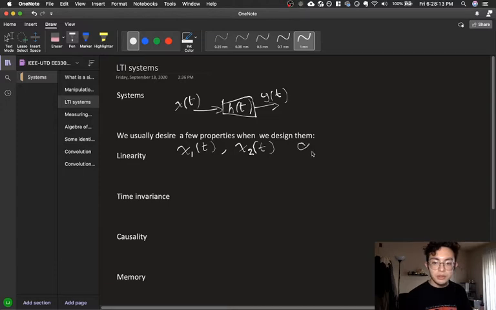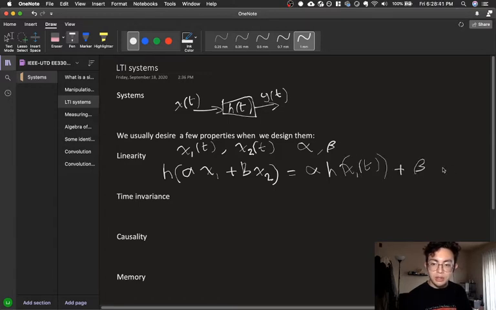So again, let's take some alpha and beta, some constants, and then a linear system is one that satisfies that h of alpha times x1 plus beta x2 is equal to alpha h of x1 of t plus beta h of x2 of t.